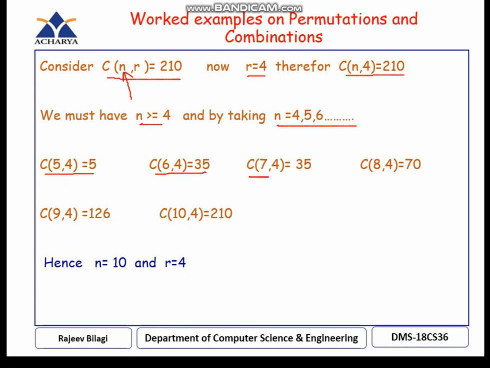If n is equal to 7, that is 7C4, I am getting 35. If n is equal to 8, that is 8C4, I am getting 70. So I am doing some trial and error here in order to get the given value 210. So n is equal to 10, r is equal to 4 with this particular formula.